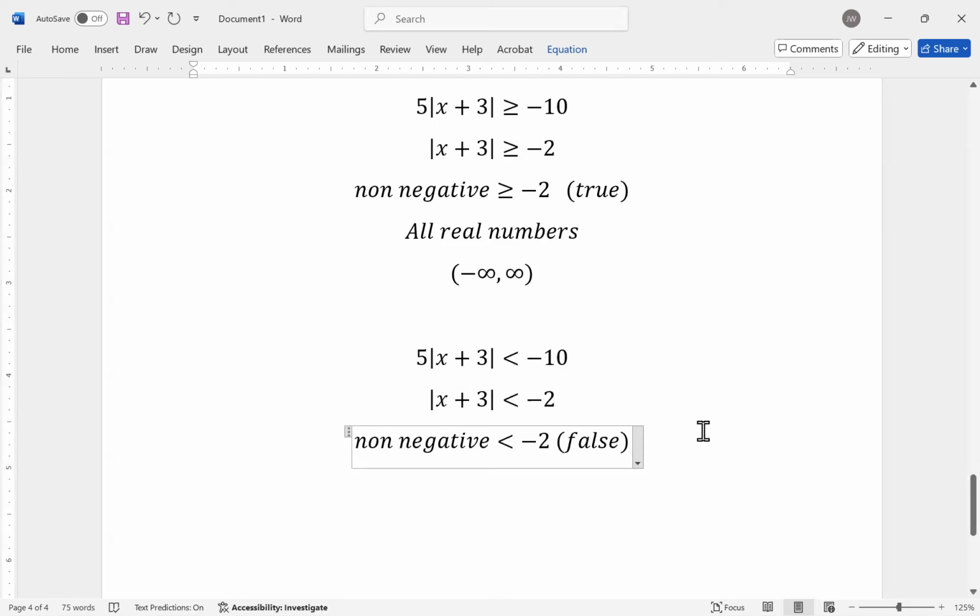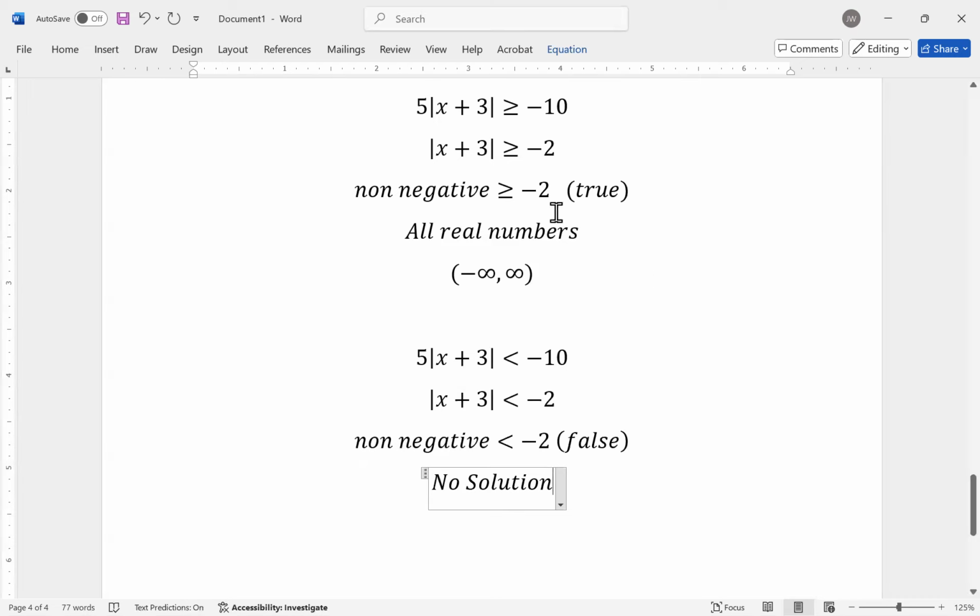All positive numbers are going to be bigger than -2. 0 is bigger than -2. So that can't happen. And therefore, since that's always false, we get the no solution case. So the answer to this second equation is no solution.